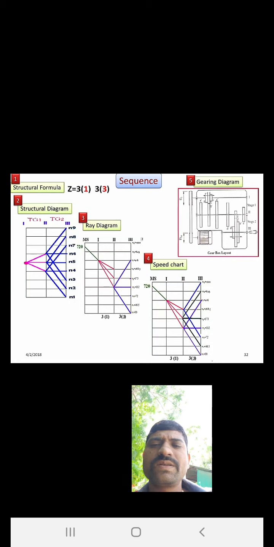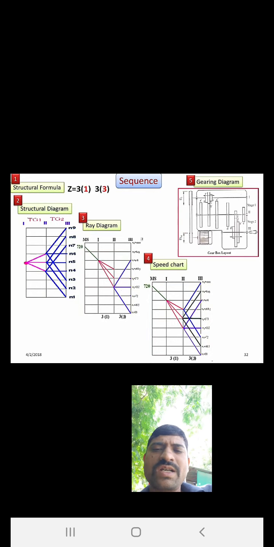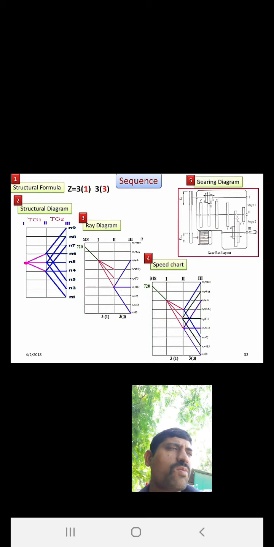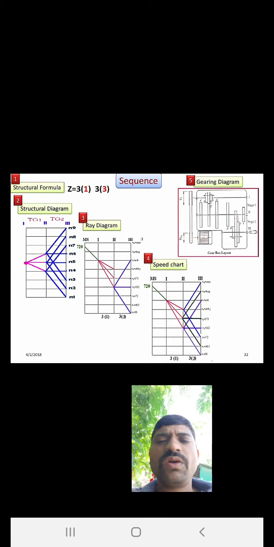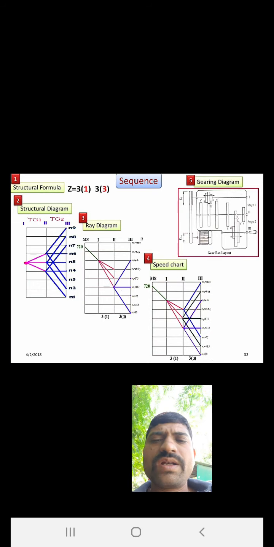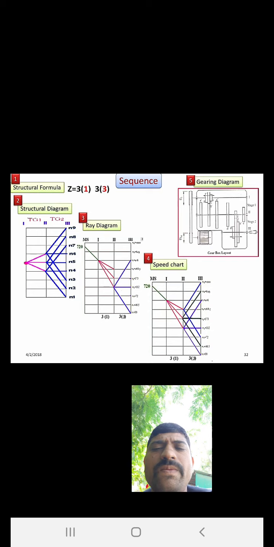Okay, second stage. Then stage 1 and stage 2. See how to draw the structural diagram. You start from the center. First check the total number of speed steps given. How to calculate Z: 3 into 3, you will get 9 speed steps.